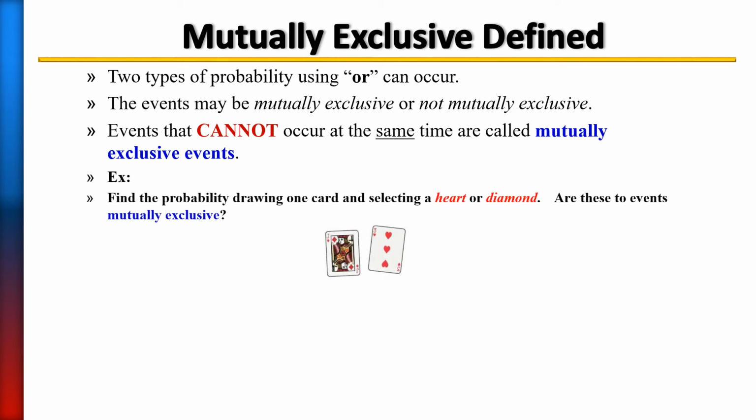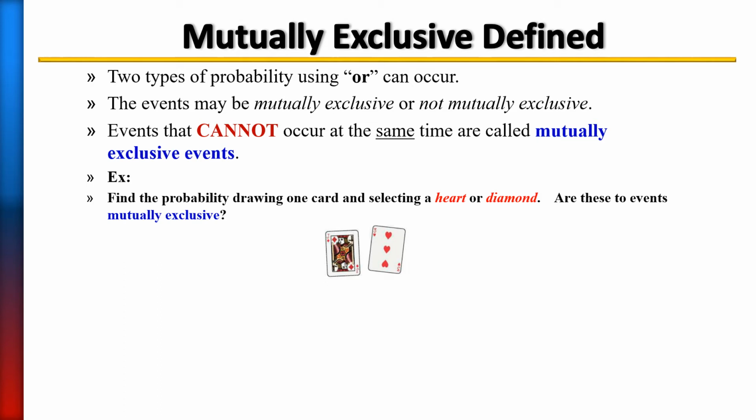For example, find the probability of drawing 1 card from the deck and selecting a heart or diamond. Are these 2 events mutually exclusive? In other words, if you take a card from the deck, can that one card be a heart and a diamond?